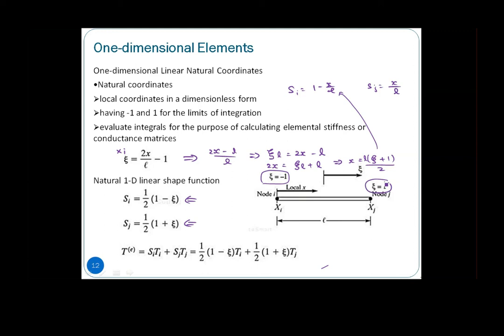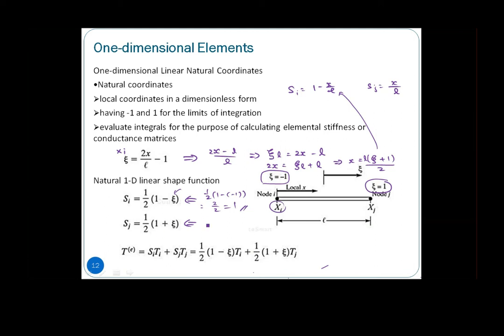If you substitute xi equals -1 into Si, you have 1 over 2 times 1 minus -1, so it equals 2 over 2 equals 1. So it again fulfills the properties of the shape functions.